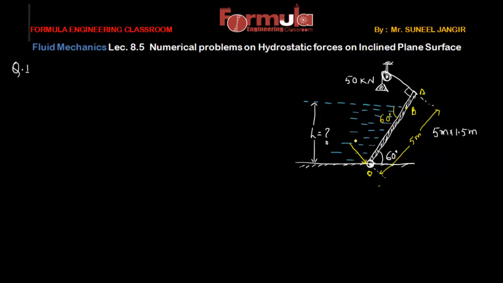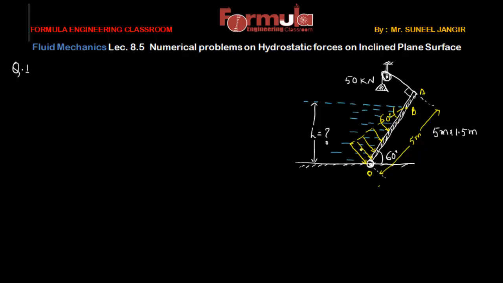This is the pressure intensity at the bottom of the gate, and at point B it is 0. So this is the distribution of pressure over this inclined gate. Obviously the pressure intensity is normal to the gate. Can we calculate the pressure intensity at the bottom of the gate?